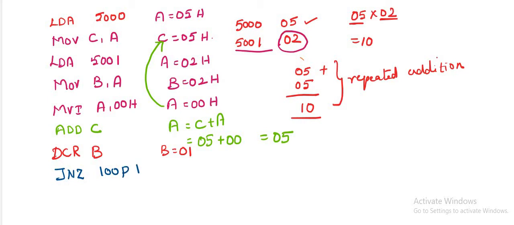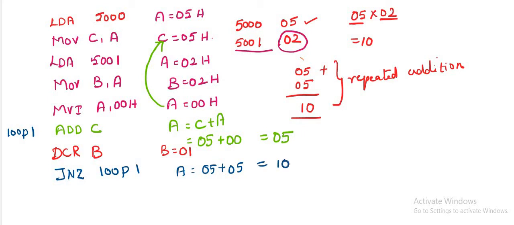Jump on no zero means we have to add the C register value again. This loop can be labeled as loop 1. So again we have to add. Already the A value is 05, so A is equal to 05 plus 05.